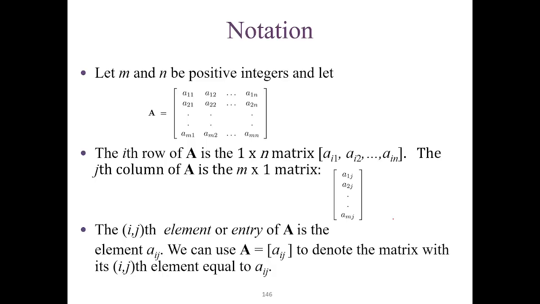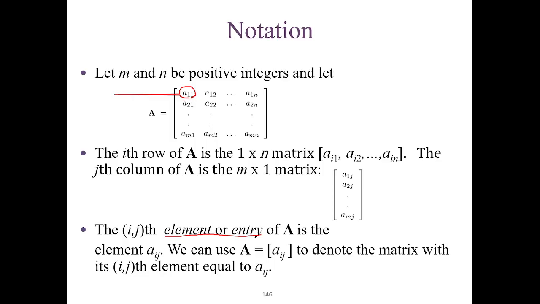Okay, let's see the notation of a matrix. If the matrix is m by n, then we can define the notation for each entry. For example, this element, we call that an entry or element of the matrix. We can use A11, A12, A1n, or A21, A22 to label the position of each entry of the matrix.